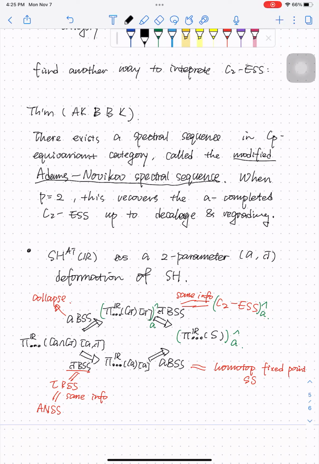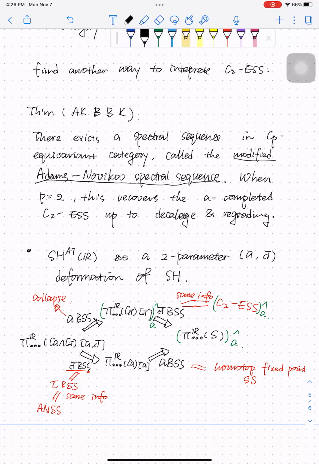I have a question, Hannah. If your plan is to recover a motivic stable homotopy category from another stable homotopy category, or from this motivic CP stable homotopy category, as a deformation, then how unique is this deformation?